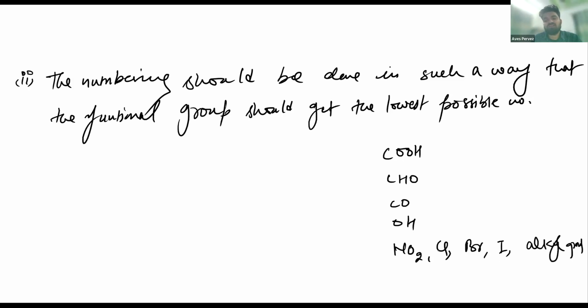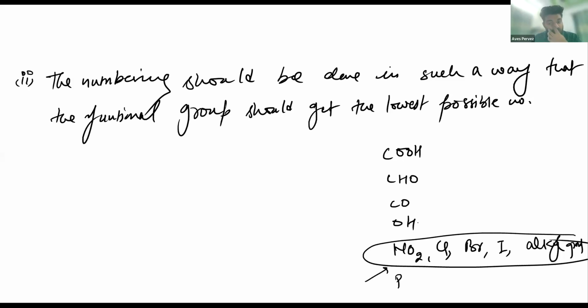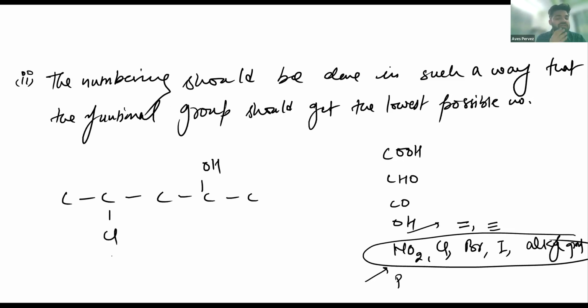Those are the prefixes. And before those, we have to give preference to the double bond and triple bond, that is, after the alcohol. For example, like this. Here, if an alcohol group is attached, and here a chloro group is attached, and we write 1, 2, 3, 4, 5.